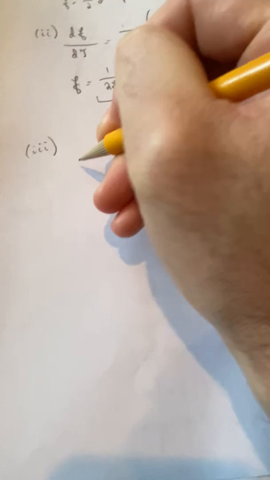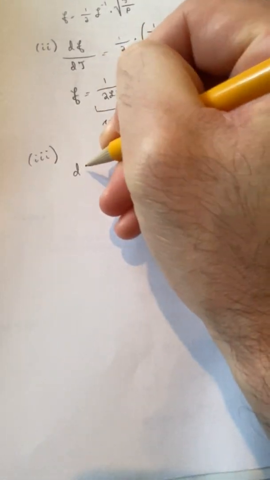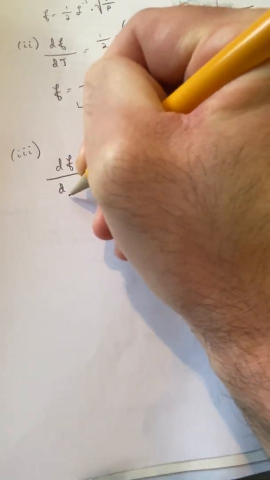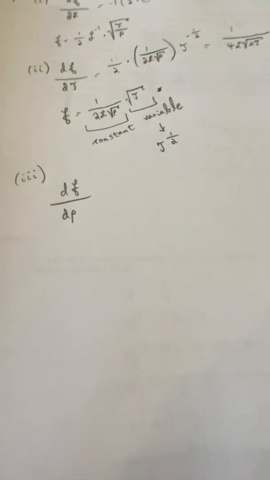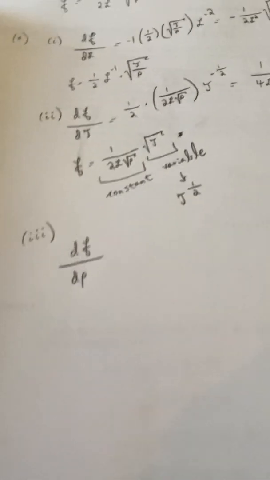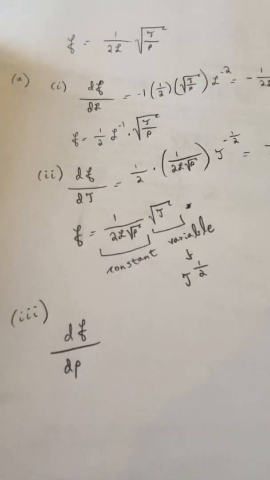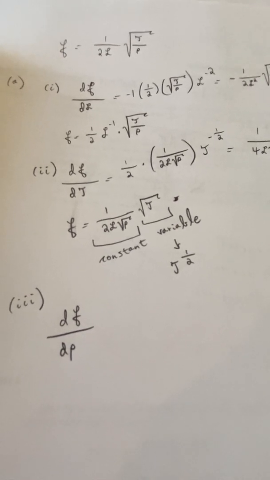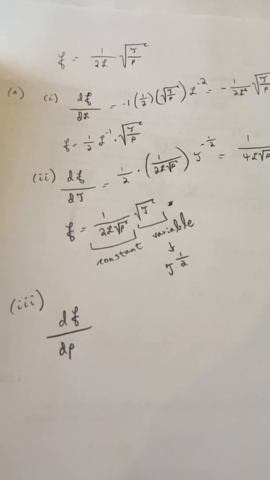And then Roman numeral 3, again, very similar idea, although in this case now we just want df over d rho, okay? In some sense, df over dt is going to be the most practical in terms of what could actually be done to a string in real time.